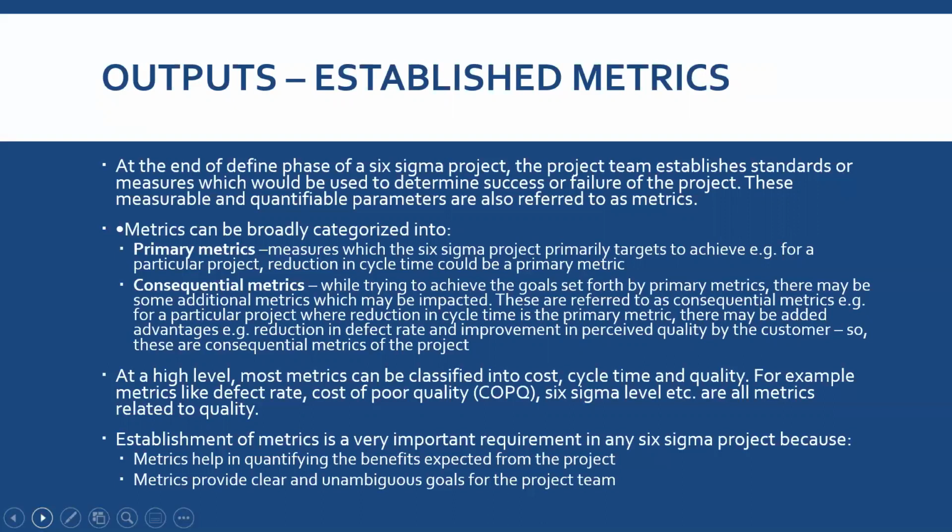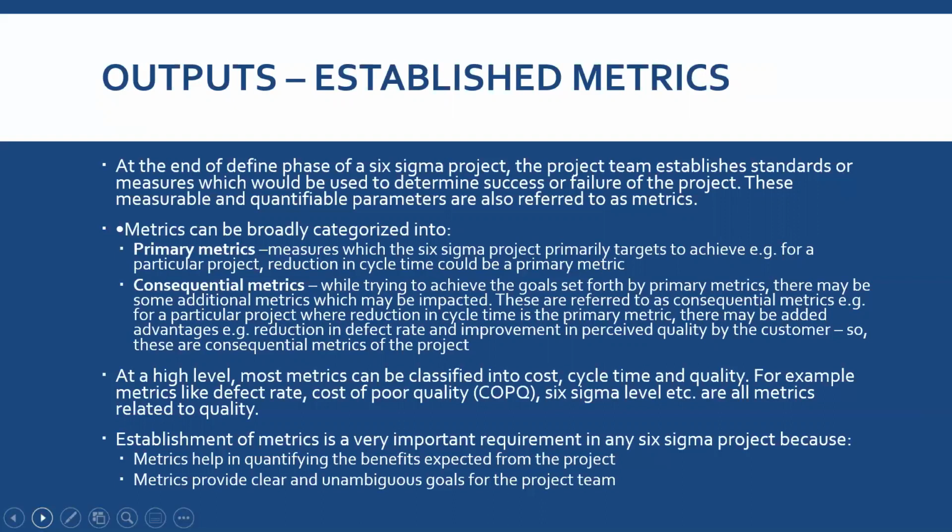Consequential metrics: while trying to achieve the goals set forth by primary metrics, there may be some additional metrics which may be impacted. So first of all, you have to find the primary metric, such as the cycle time. This is the main goal. But while you're working on achieving this goal, you might see a consequential metric, which is basically a sub metric, a hidden measure that you need to study as well.